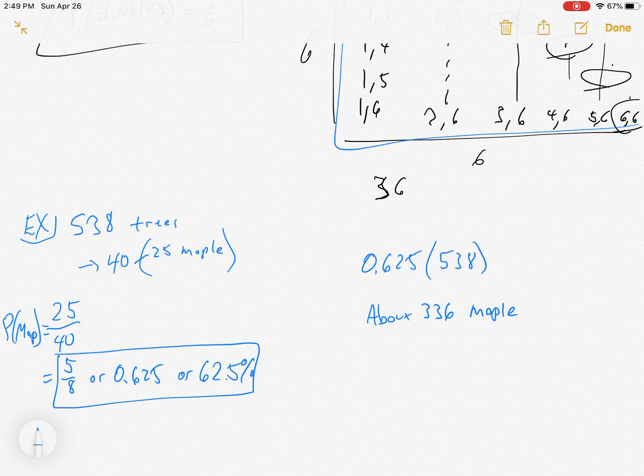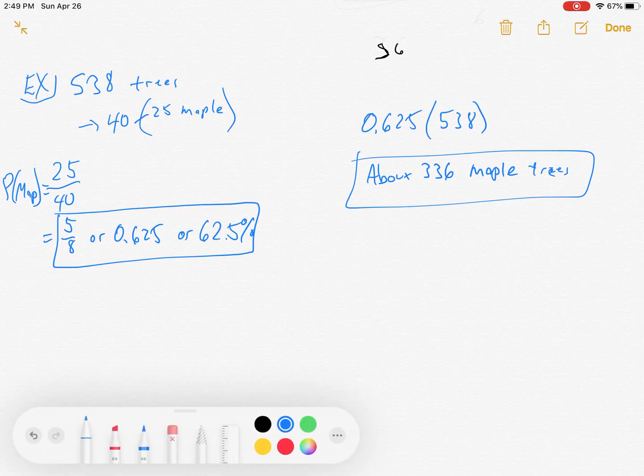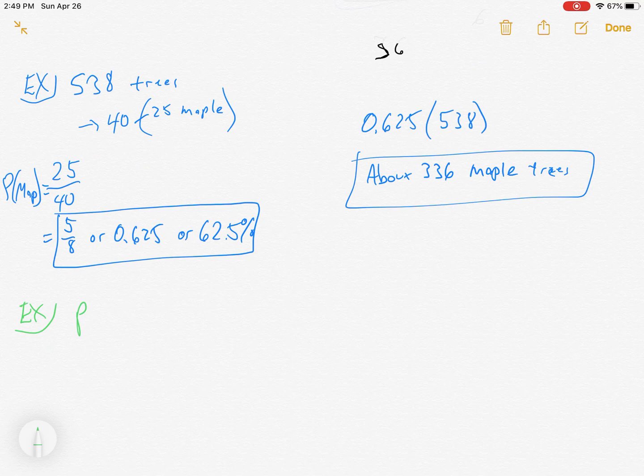Actually, there it is, 336. So we'll get about 336 are maple. And I think that is an approximation. I think it was 0.5, but we rounded to the nearest whole number. So 336 maple trees in the park, which is indeed greater than half.